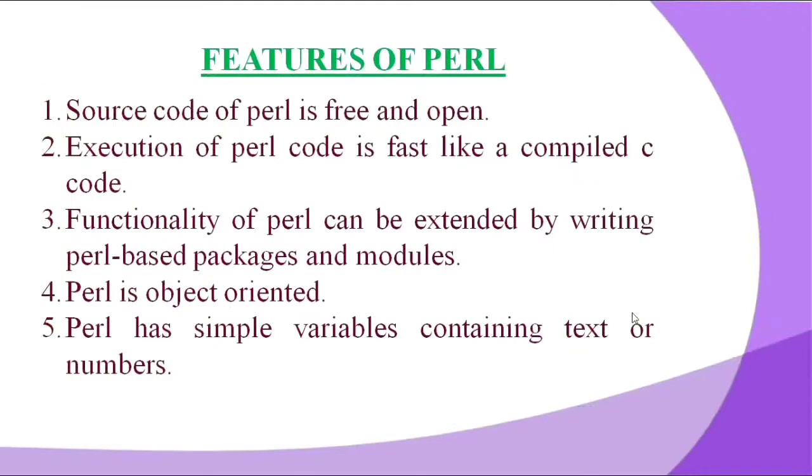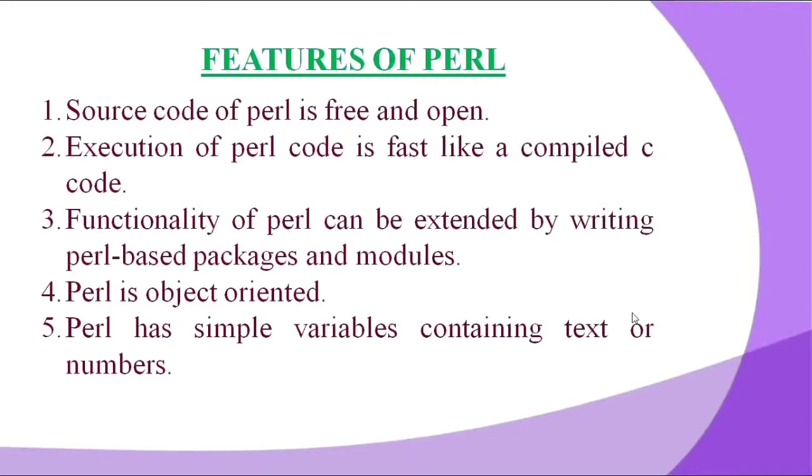Next, features of Perl. Source code of Perl is free and open. So, the C source containing a Perl interpreter can be easily downloaded for free by anyone. The core functionality of this language can be extended by modifying its source code. Okay. So, Perl is a free software. So, download and easy to use.